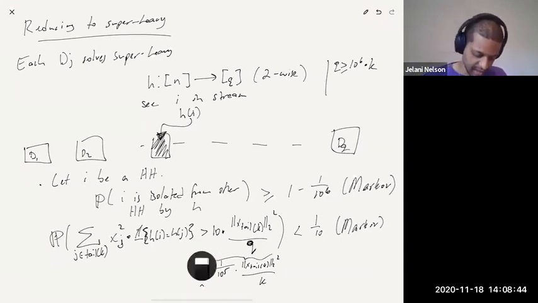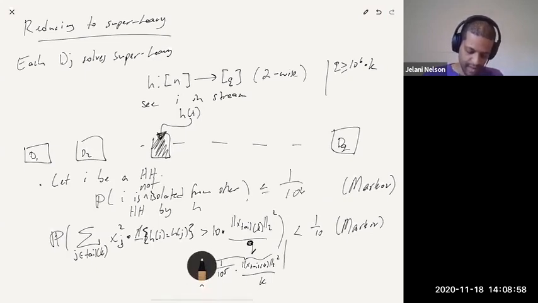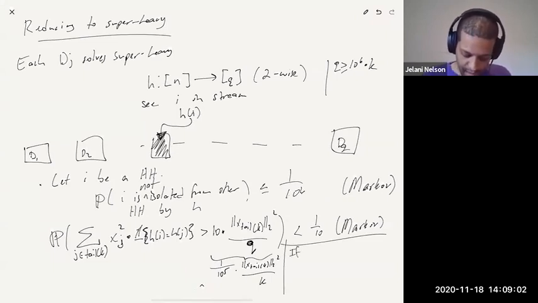Actually, let me write it like this. If this had said not isolated, then this would be less than 1 over a million. And if neither event happens, then i is super heavy.